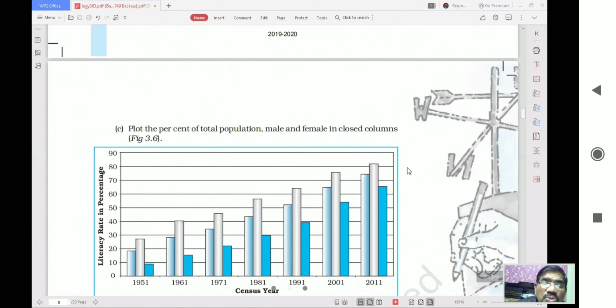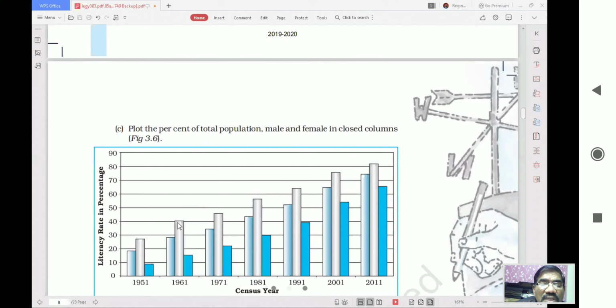So you can see this one is showing the total population. This one is showing male population. This is showing female population. Now the data, if you see, from 30% literacy, which was for males, now it has become for females.